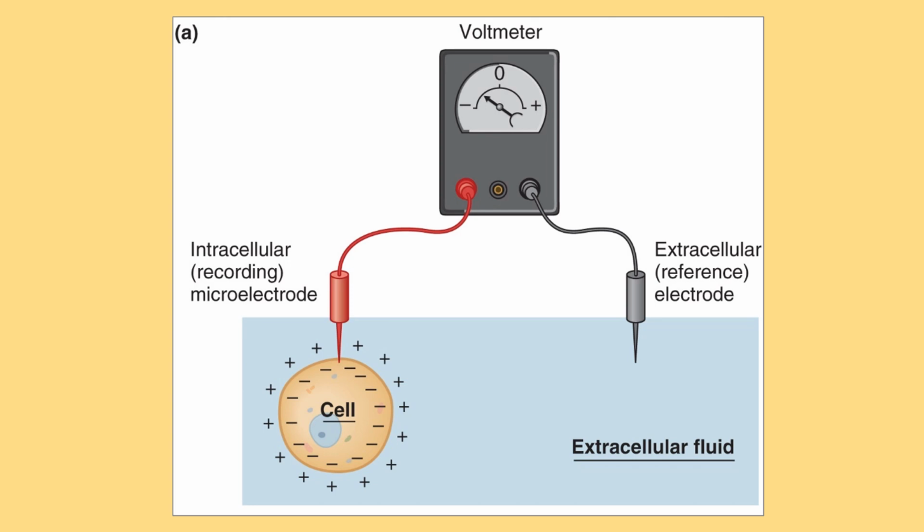So the red electrode shown here punctures the plasma membrane, and the tip of that electrode resides just inside the membrane. And then the reference electrode in gray resides in the extracellular space, in the extracellular fluid. And so that voltmeter is measuring the magnitude of charge difference across that membrane.